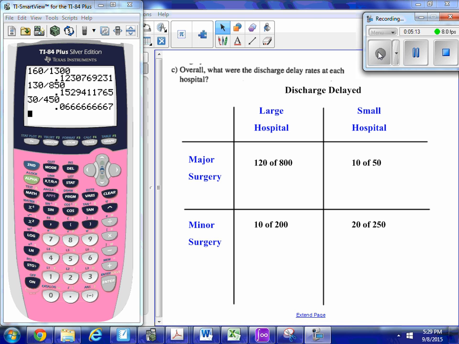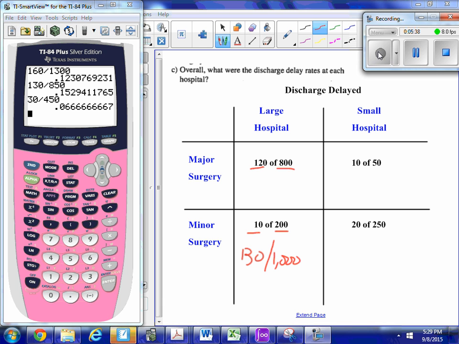Now it's asking me what were the discharge delay rates at each hospital. So instead of looking at the rows like we did with the surgeries, we're going to look at the columns. So in the large hospital, I had 120 plus 10, 130 delays, and there were 800 plus 200, there were 1,000 patients.